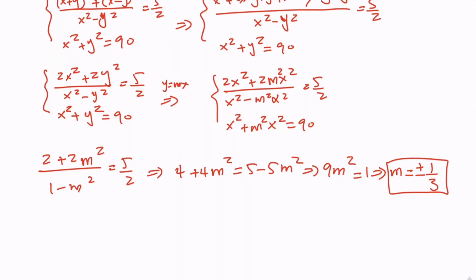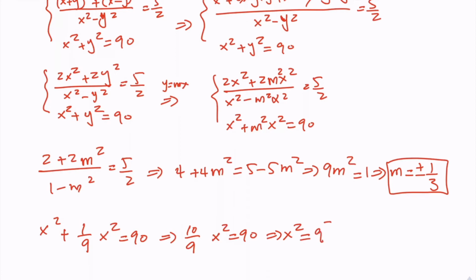So if we replace this into the second equation, we will have x squared plus 1/9 x squared is 90. Therefore 10/9 x squared is 90, and x squared will be 9 squared.